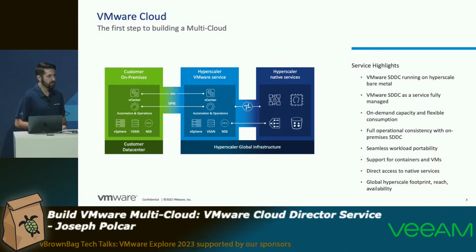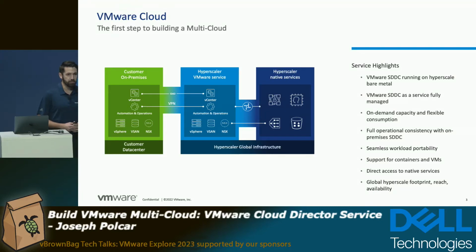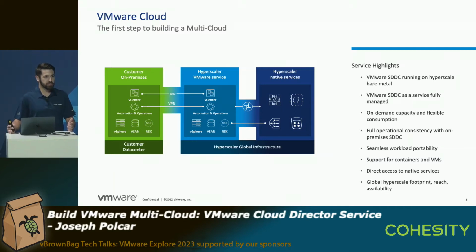All right, so the very first step to building a multi-cloud is the VMware software-defined data center. Most of you are probably familiar with this. We've partnered with a lot of the hyperscalers to deploy our solution on them.